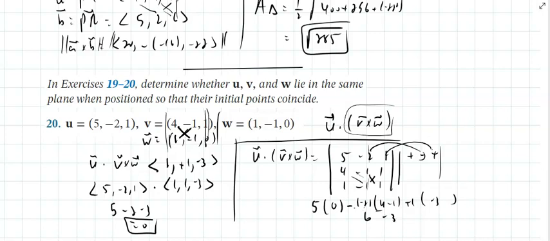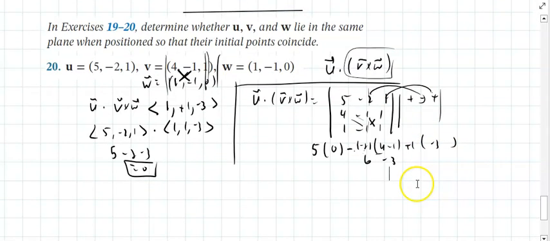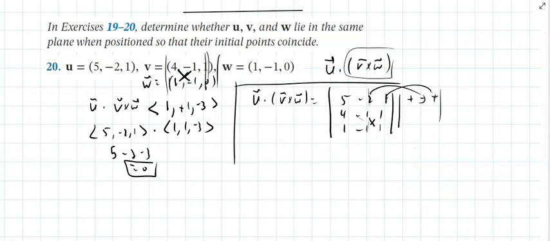Oh boy, okay, what's going on? You know, I'm rushing, let me slow down a bit. So if I take, here they are, let me make sure, 4, negative 1, 1, and 1, negative 1, 0. So let's make sure that's how this works out.